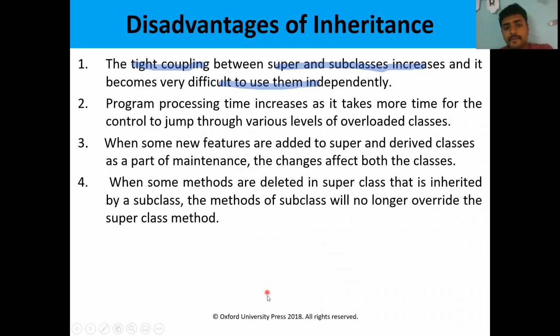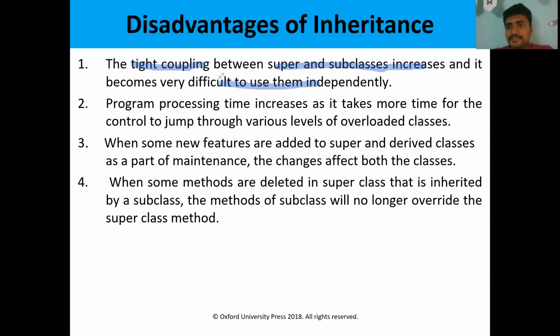While using the inheritance concept, the coupling level is increasing. Coupling is the interdependency between the modules, and that is not advisable in software engineering. There should be low coupling while designing software.